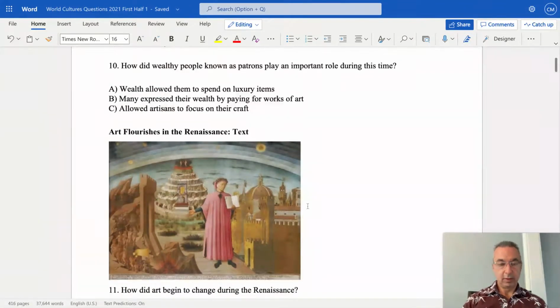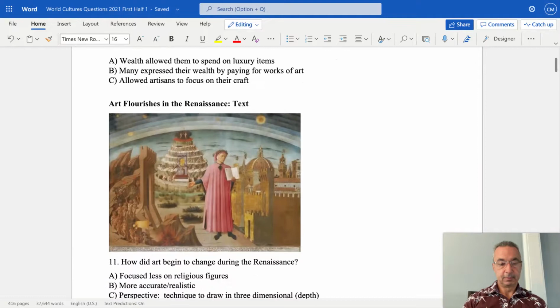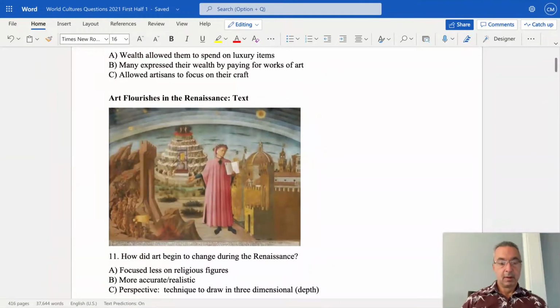You can see some artwork here. How did art begin to change during the Renaissance? Focus less on religious figures, more accurate, realistic takes, perspective, technique to draw in 3 dimensions and depth.